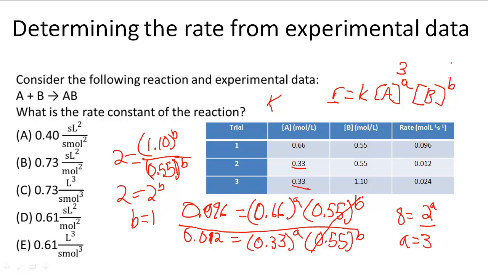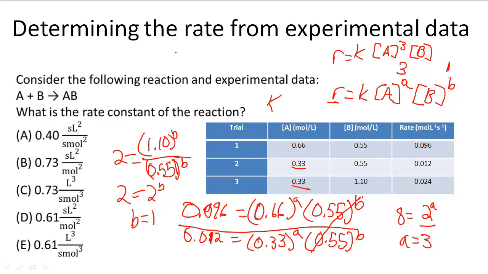So now we have the rate law: R equals K times the concentration of A to the third power times the concentration of B to the first power. To figure out K, we use one of these trials, and we'll use trial 1.